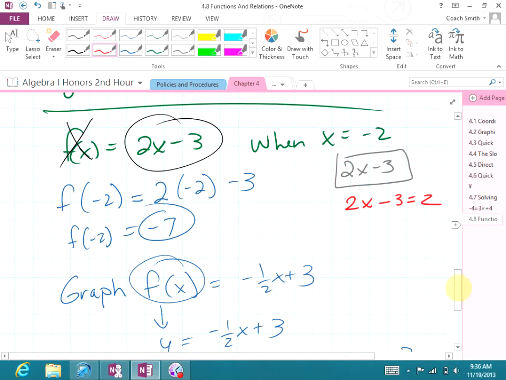Now that I can solve. I can change that to slope-intercept form because I can take the 2 over, it becomes a negative 2, and then I can set it equal to 0. Once it's set equal to 0, I can set it in y-intercept form. And so that's why you can't solve this one. It's because of the f of x that they put right there at that end.